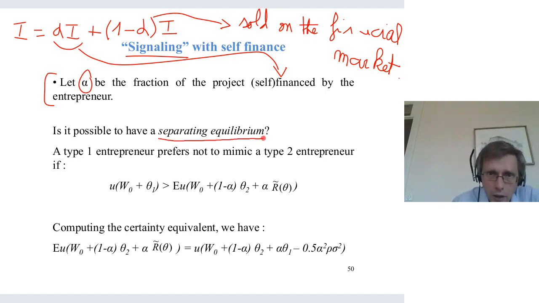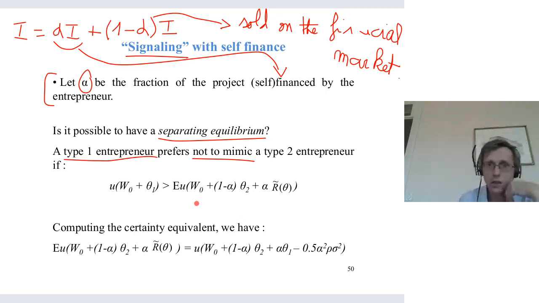So in order to have a separating equilibrium, type 1 entrepreneurs should prefer not to mimic a type 2 entrepreneur. This is going to be the case if they prefer to sell their project entirely on the financial market rather than just a part of the project.